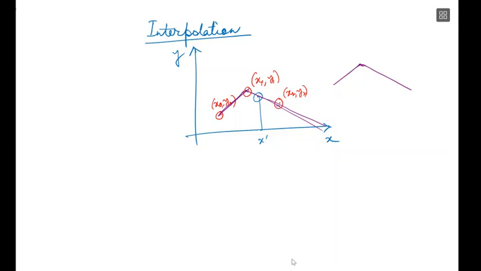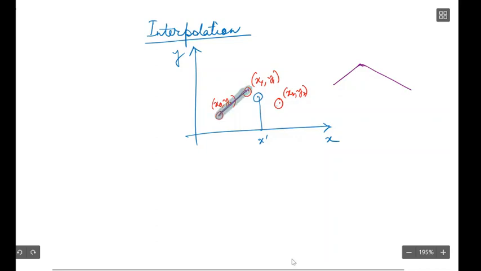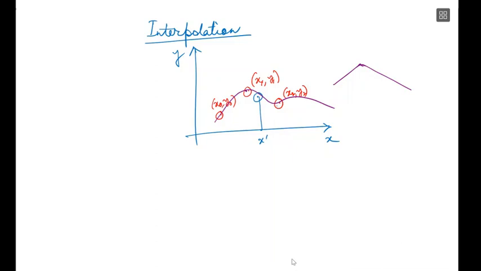So if we can estimate a function which will be smooth, a function of this kind, then we will be able to find the derivative of that function at any point.